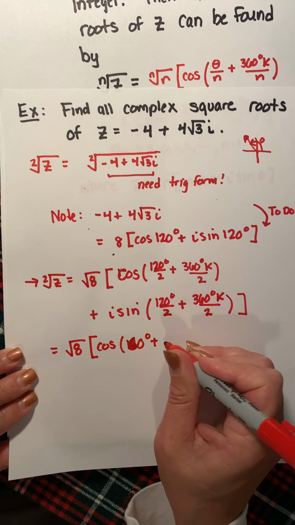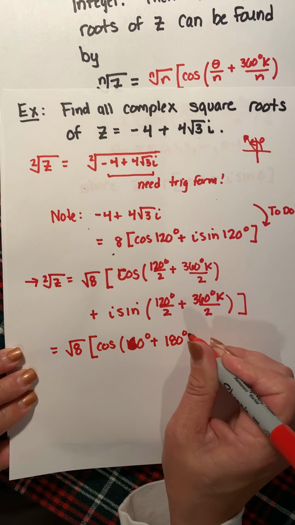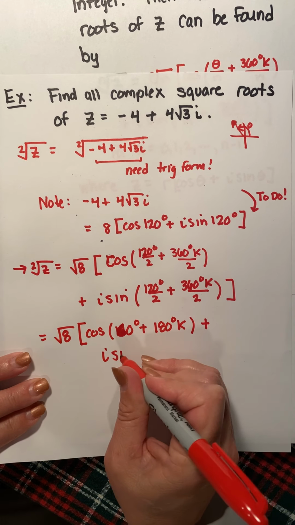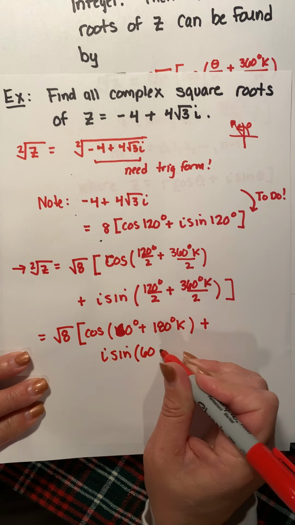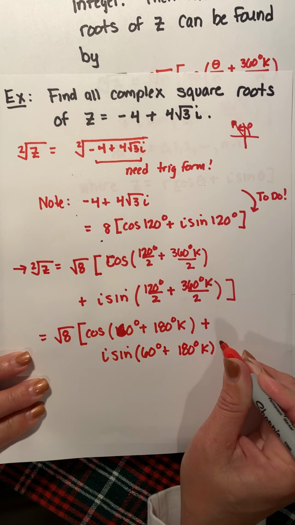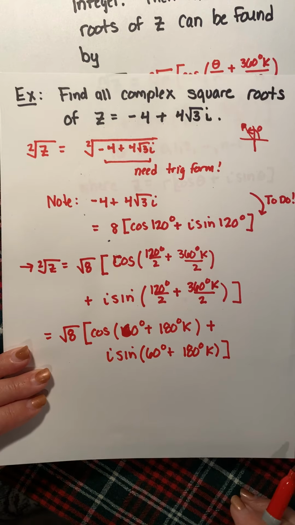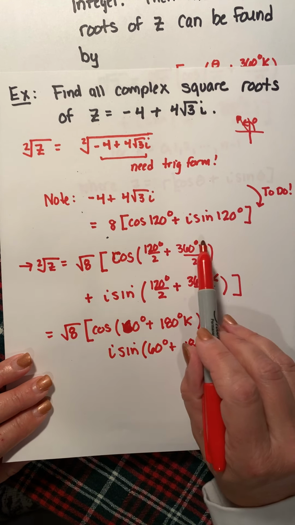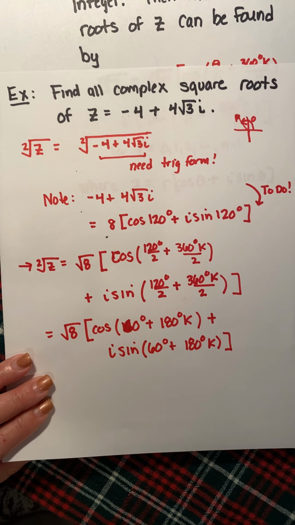So we just divide the argument by the root we're looking for, and we divide 360 by the root we're looking for. Now what does this all mean? Well, k, if you look back up here, says start with 0 and end with 1 less than the root. So if n is 2, we're only going up to 0 and 1. So this is for k equals 0 and 1.